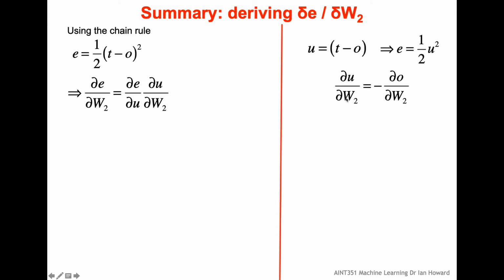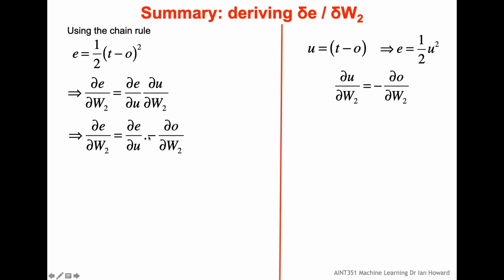And it's quite obvious that if we differentiate the u term with respect to W2, we get du/dW2 equals minus dO/dW2, basically because the first term here, the t, is a constant with respect to W2, so that disappears, and the output O is dependent on W2, so we need to work out what that derivative is going to be in a second, when we expand out where the term O comes from.